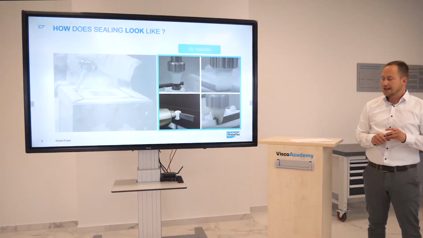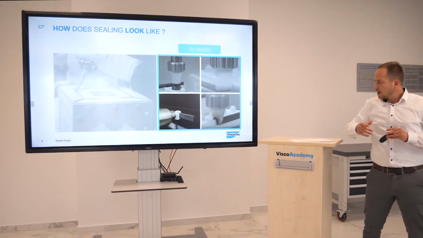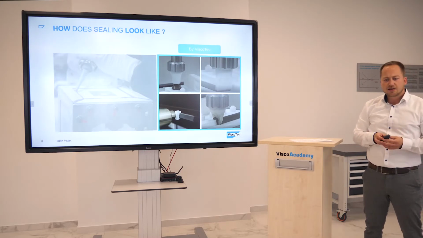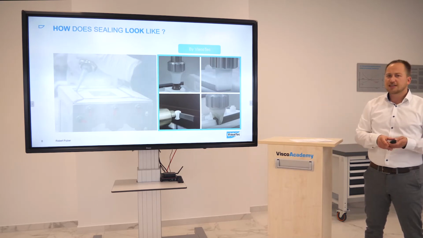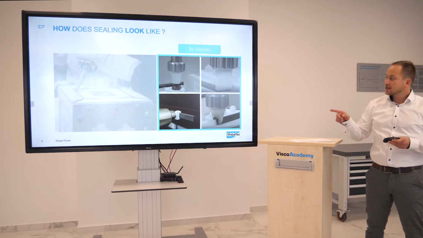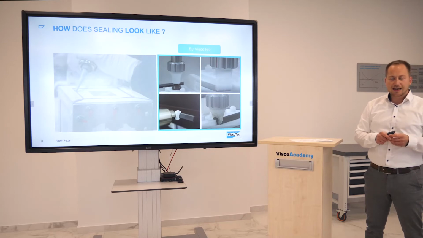Below, the fillet sealing. Here, it seems like when you're a welder and you make the welding seam, it looks pretty similar. And last but not least, my favorite, on the left side, the edge sealing.